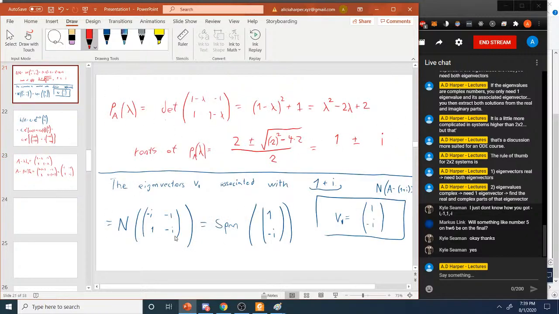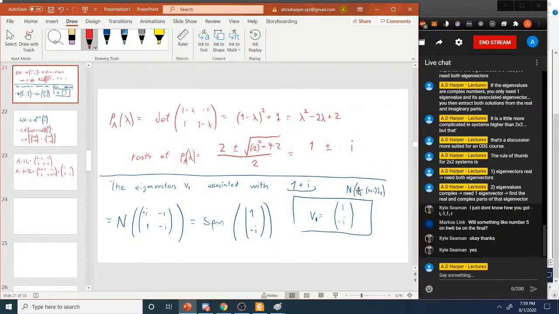So that's how we get that: we're looking at the matrix A minus the eigenvalue times the identity matrix. We can try to compute its null space. And here I'm using the trick that the null space of a matrix of the form a, b, -b, a is always going to be equal to the span of the vector negative b, a. So this is how I'm very quickly figuring out what the null space is the span of.